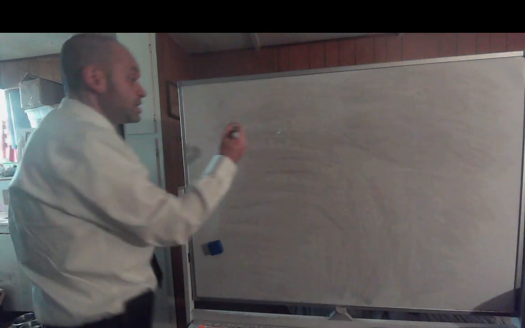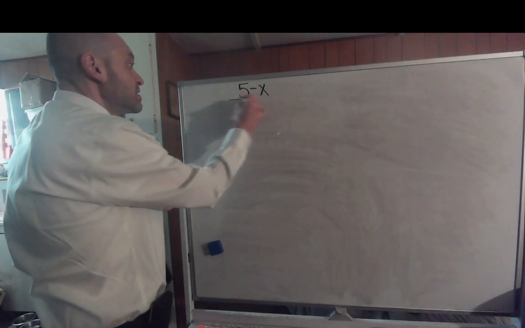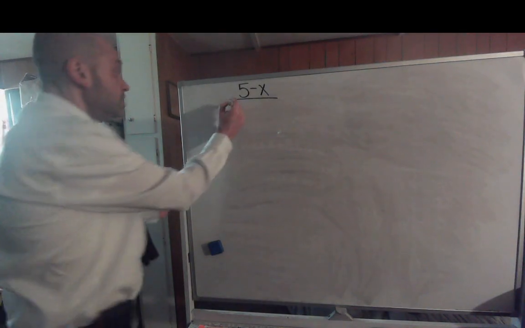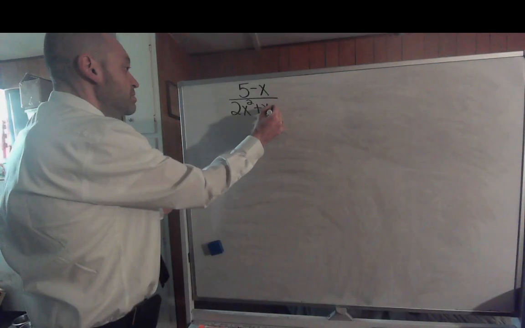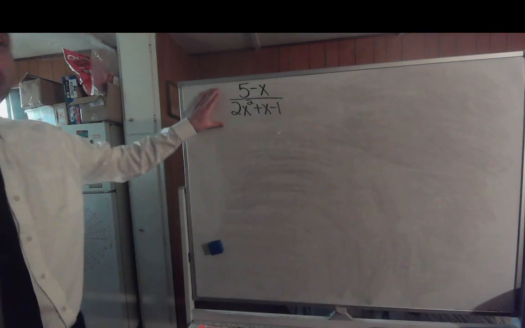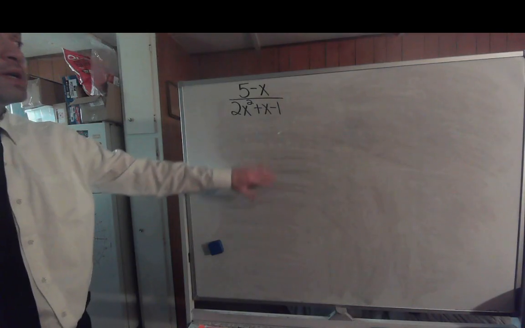All right, so let's do 5 minus x all over 2x squared plus x minus 1. So we have 5 minus x over 2x squared plus x minus 1.